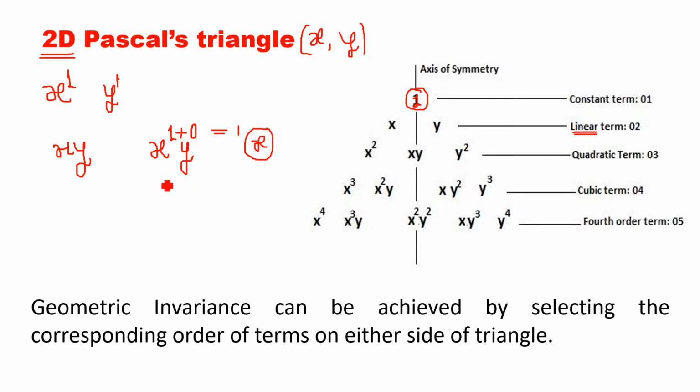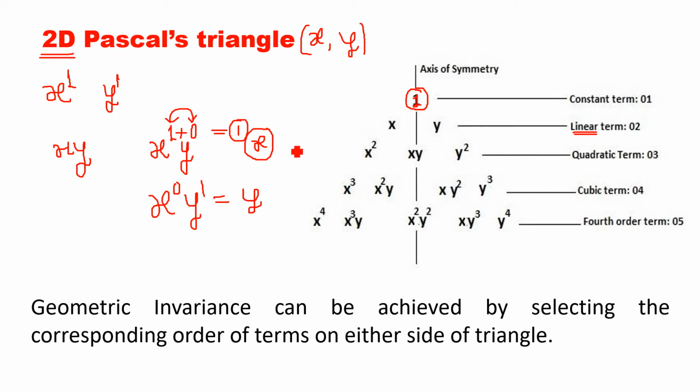Our second probable combination is x raised to 0 and y raised to 1. So answer of this, x raised to 0 is 1 and y raised to 1 is equal to y. So its answer is y, right? So these are the only two combinations possible where sum of degree of these two variables is equal to 1, right?